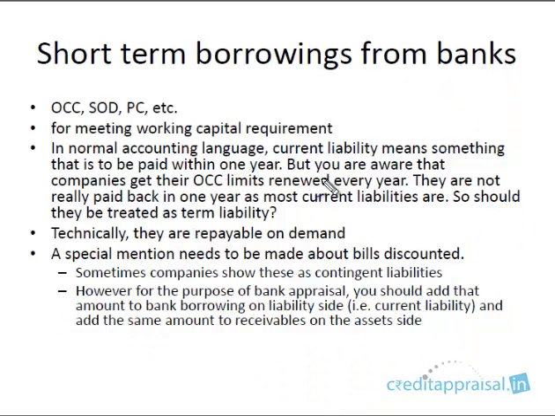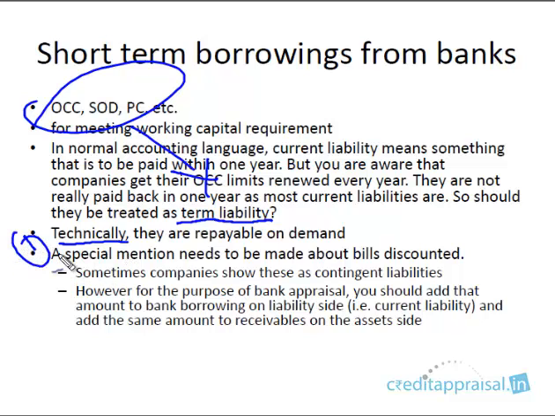So if the question of repayment doesn't arise, why are we treating it as a current liability and not a term liability? There is a school of thought that the short-term borrowings from banks, these short-term credit facilities, need to be classified as term liability because they're not getting repaid. They're getting rolled over year after year. The point you need to understand here is that technically they are repayable on demand. That is the first point.